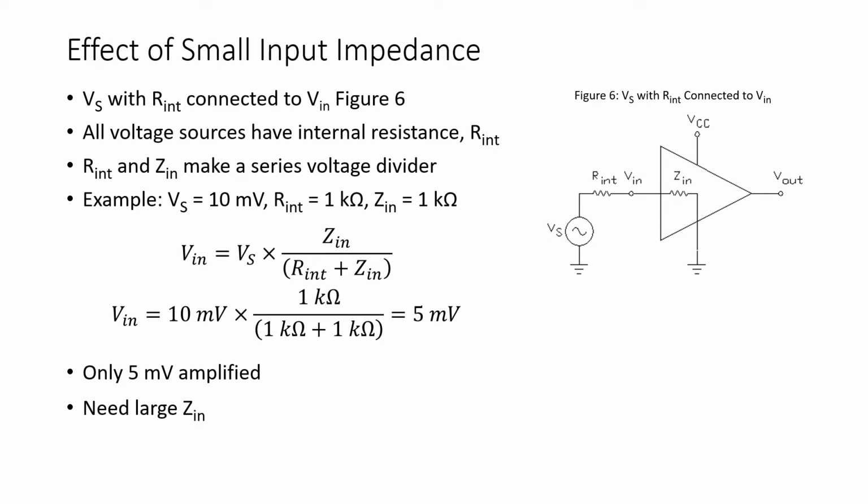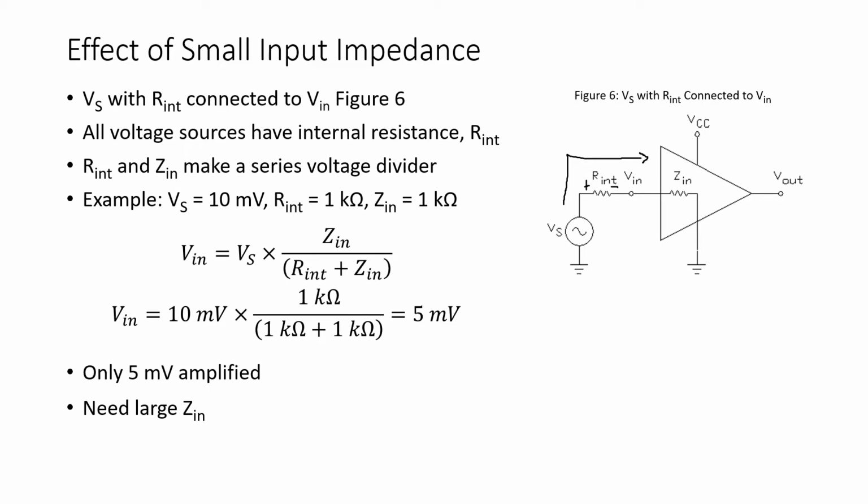Referring to the circuit of Figure 6, R internal and Zin make a series voltage divider. When Vs supplies some current flowing into the amplifier, there will be some voltage dropped across R internal. So the input to the amplifier is not equal to V source, because there's some voltage drop before it gets to Vin.